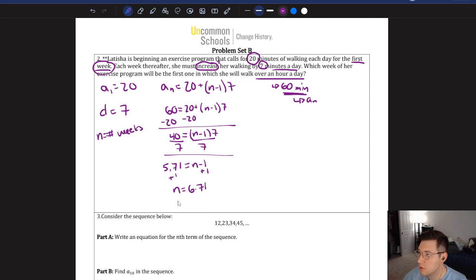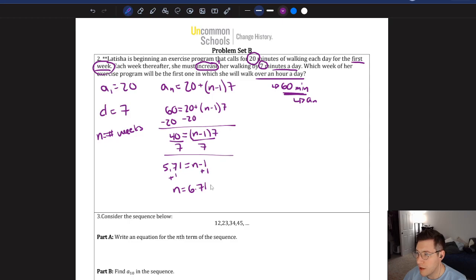And so if I'm only increasing my time at the end of a week, what that really means is that I should be hitting 60 minutes somewhere in the middle of the 6th week. But that's not quite going to be how we want to look at it.